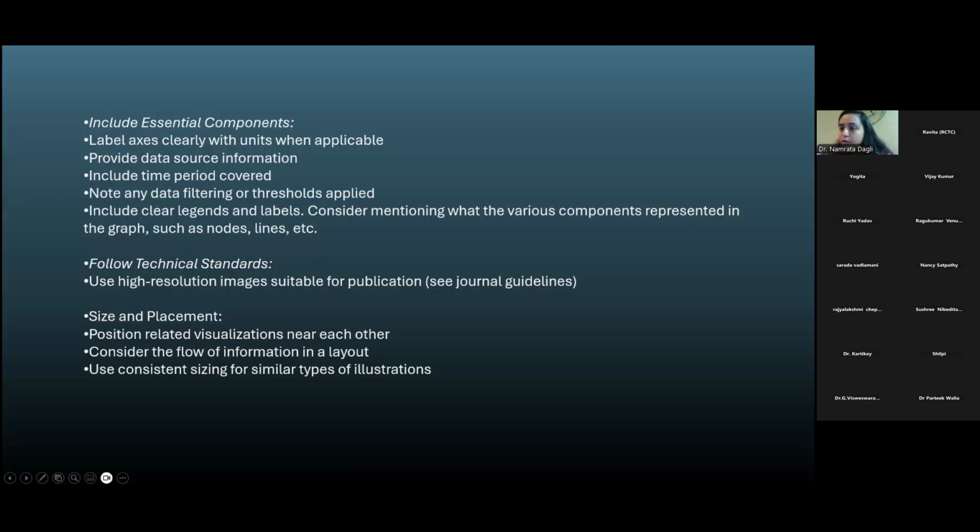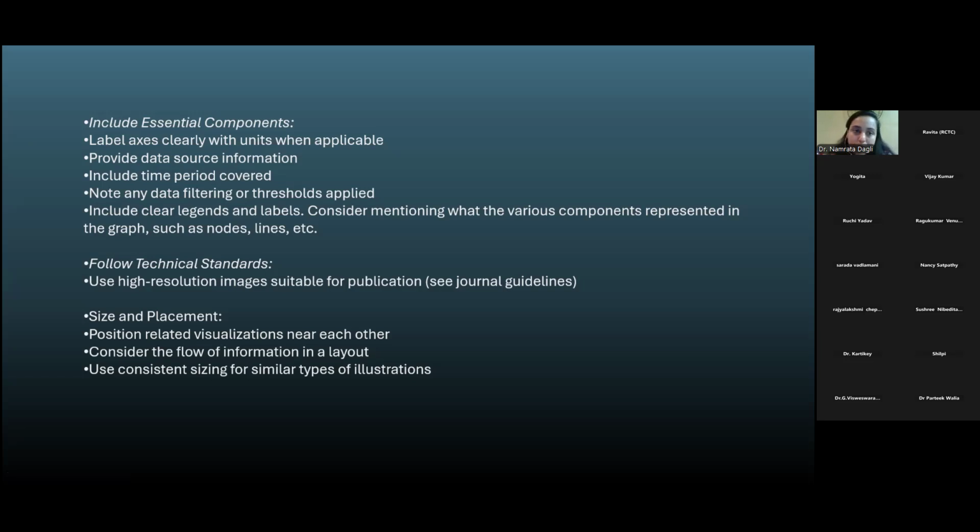Now move on to the next slide. Include essential components. As I showed you in the image, the labeled axes were clear. So you should always check whether it is clear or not. Provide data source information: which data source you are using, PubMed, Scopus, Web of Science, whatever you are using, mention it.